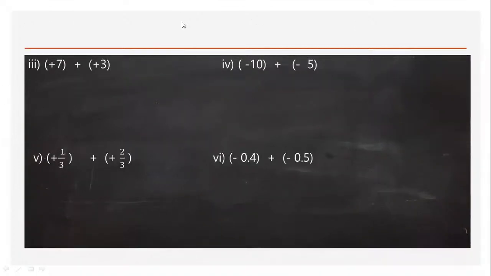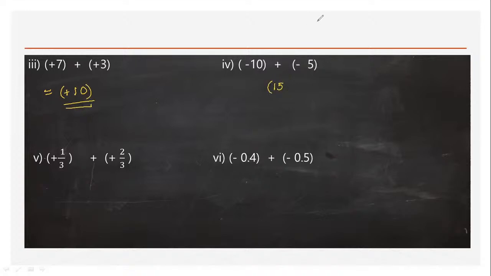Question number 3. Plus 7 plus 3. Now without concern for the signs, you can add this one. 7 and 3, 10. Both contain positive, so you can write here positive 10. 10 and 5, 15.